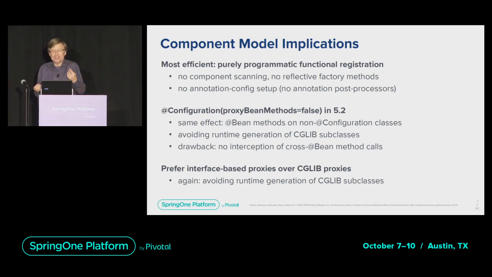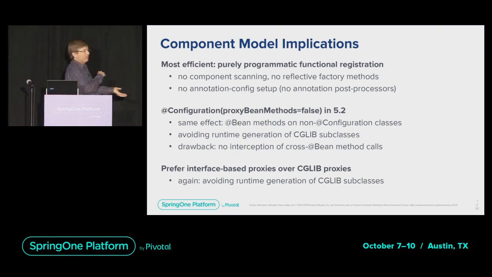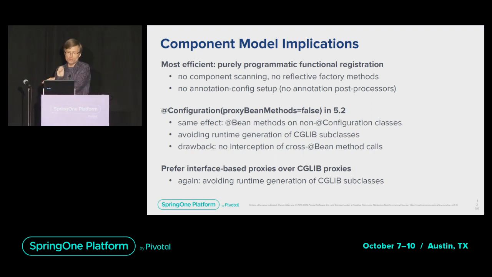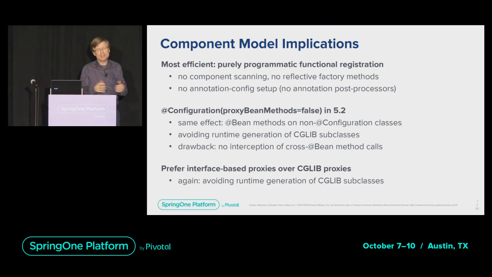A configuration class is somewhat involved in how we need to handle it. You want to call an @Bean method from another @Bean method, and you expect a container to intercept the call. Well, that means we need to create a runtime subclass for it, a CGLIB subclass for it. That is somewhat costly, not for a single configuration class, but for many configuration classes, it is going to show in terms of a bit of your startup performance.